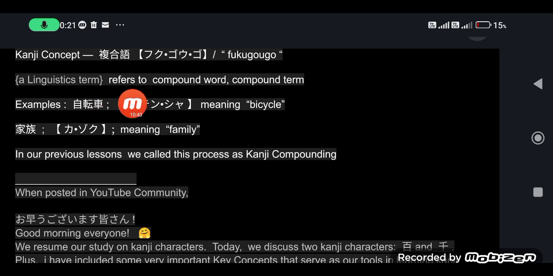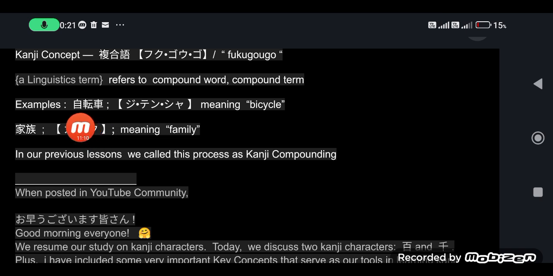It is a linguistics term. It refers to compounding of words or creation of compound terms. An example is jitensha, meaning bicycle.